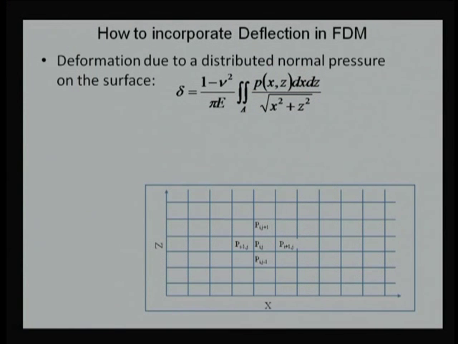This is what we are trying to convey. See, now suppose the pressure P i is somewhere here. I want to calculate the effect of this pressure over this node, this node, this node, this node. And keep in mind, the pressure at any point is going to influence the deflection of the whole surface, because the whole surface is connected.